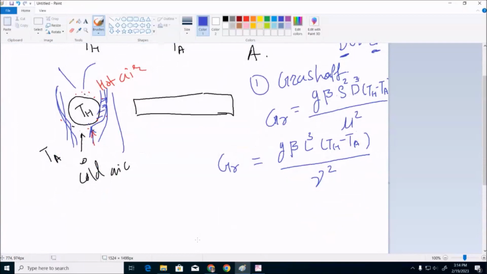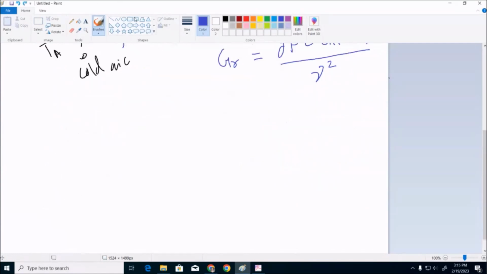Now, here is the confusion: why choose L, and why choose D? This week we are going to study a horizontal cylinder. Next week we are going to study a vertical flat plate. In a vertical flat plate, heat will be transferred like this, and like this.